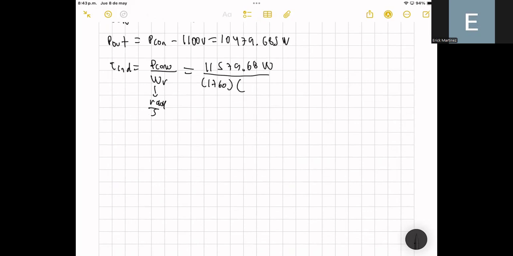But to convert this into radians, you need to multiply this by 2 pi and divide that by 60 in order to convert the value to radians over second. And you will get the following induced torque, that is 56.86 newtons times meter.